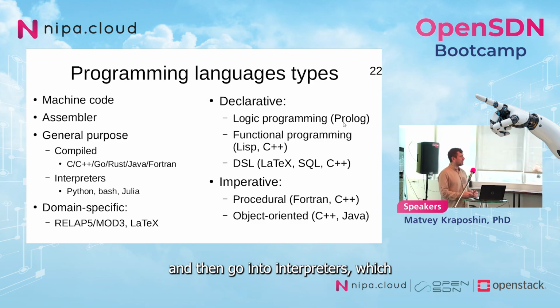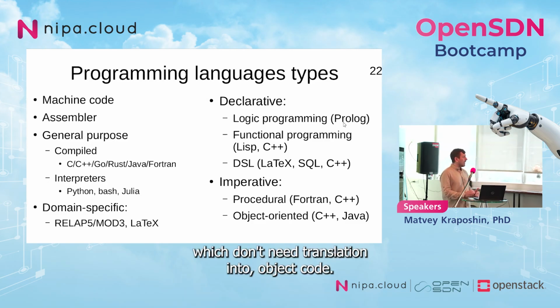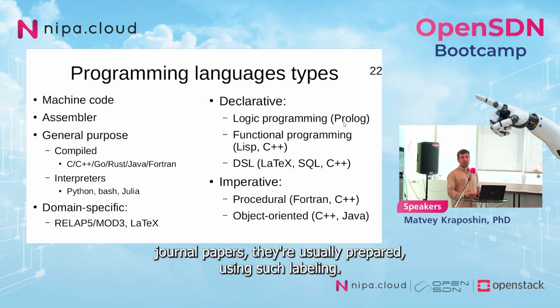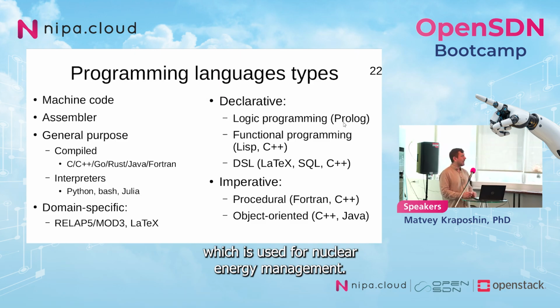Then go interpreters, which don't need translation into object code. And there are domain-specific languages like LaTeX. If you ever saw scientific papers or serious journal papers, they are usually prepared using such languages as LaTeX. And I also gave as an example the language RELAP5, which is used for nuclear energy management.